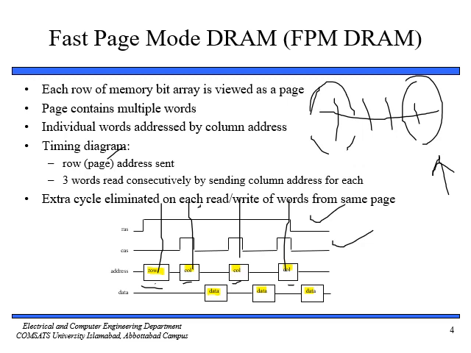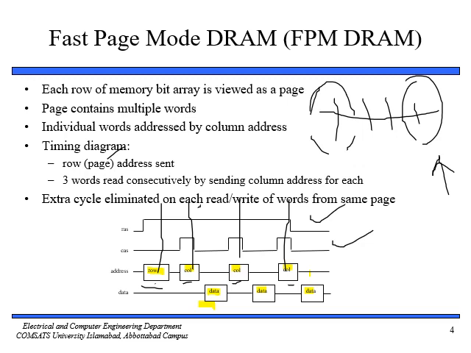Whether you are reading or writing, an extra cycle is eliminated on each read and write. We do not need any extra cycle here. We can read three consecutive words by sending column addresses for each. So that was fast page mode DRAM.